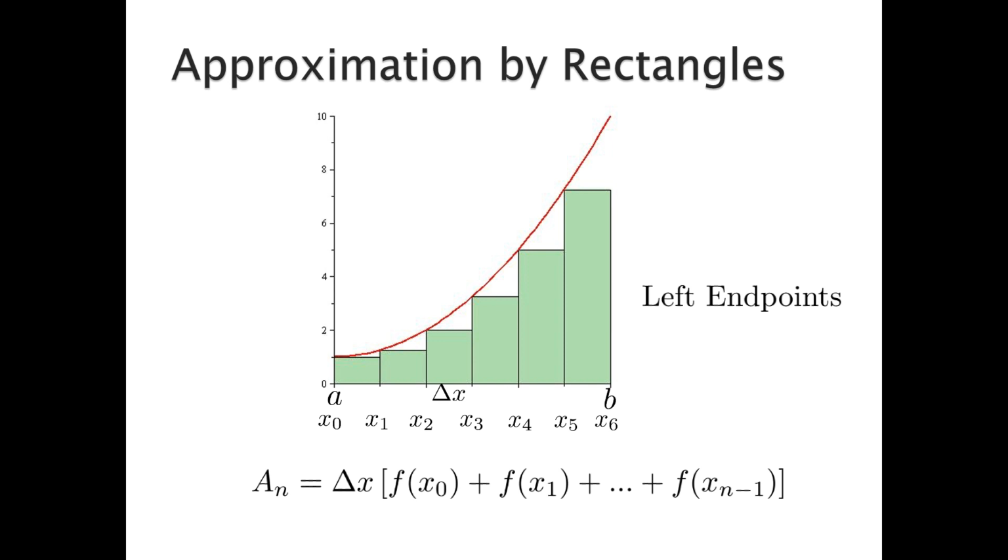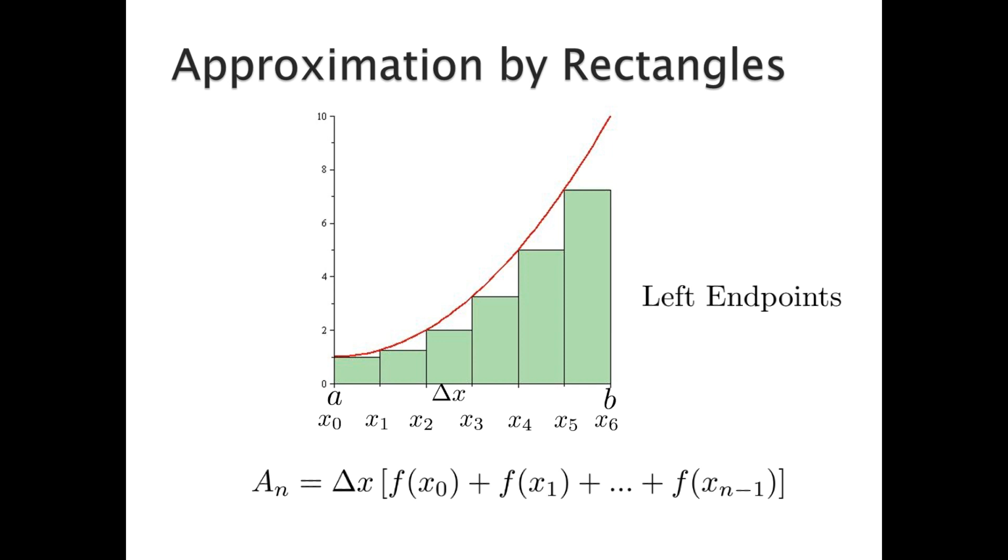For a formula, what we would do is take the delta x times each of those various heights, get the area of each rectangle and add them all up. Or what I could do, if I were actually going to do this by hand, instead of saying f of x0, in other words the height at the left-hand endpoint, times delta x plus f of x1, which is the height at the next endpoint, times delta x, let's just factor the delta x out.